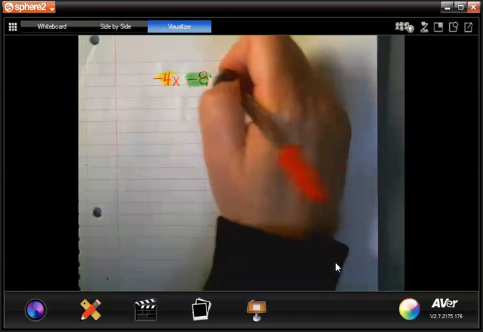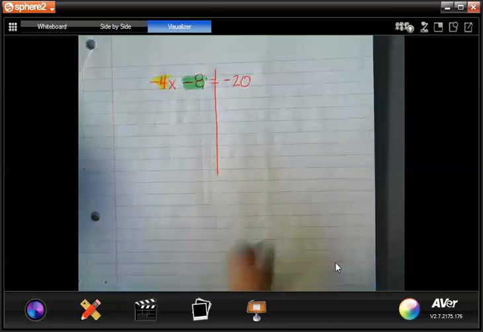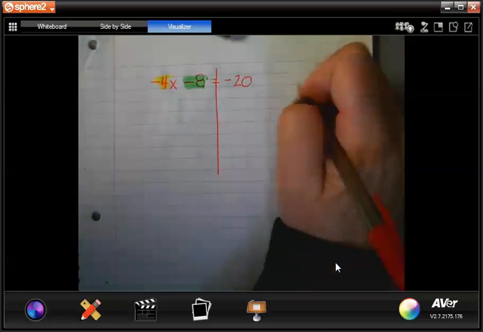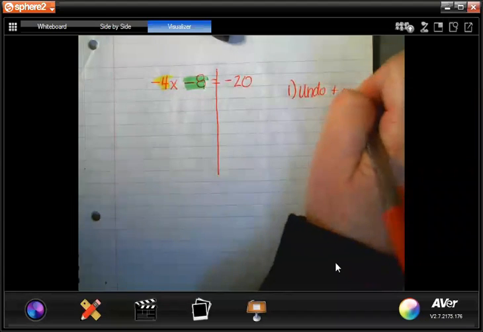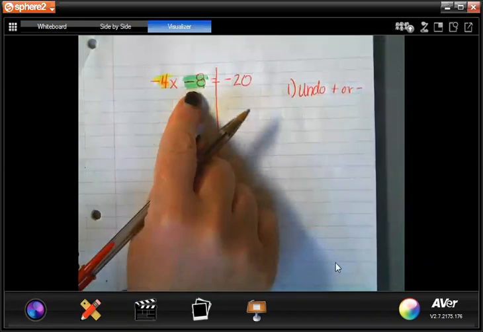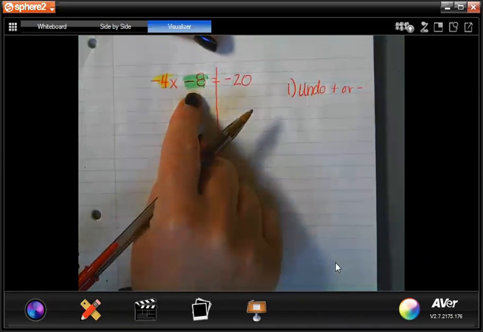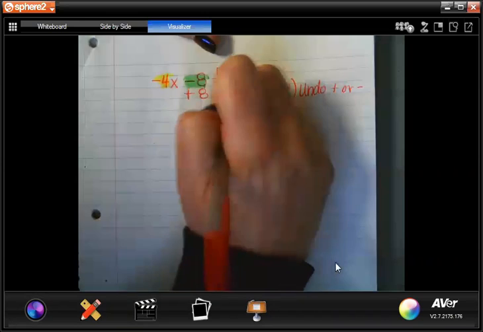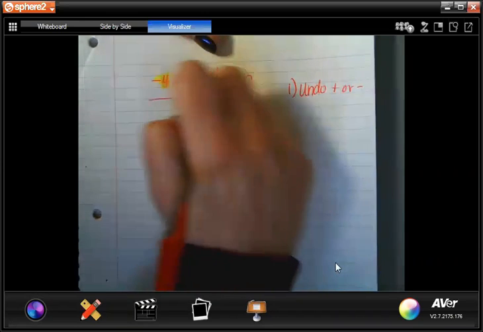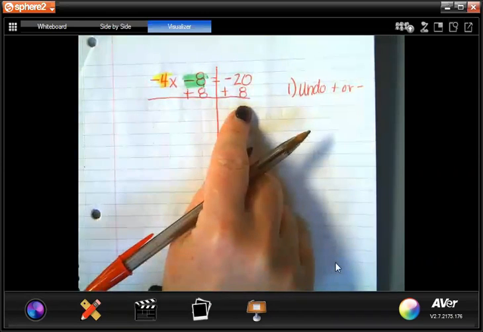So I'm going to put my line in. The first thing that has to go is the addition or subtraction. This is subtraction, so the inverse is addition. I'm going to add 8 to both sides. Here's where the first mistake is always made.